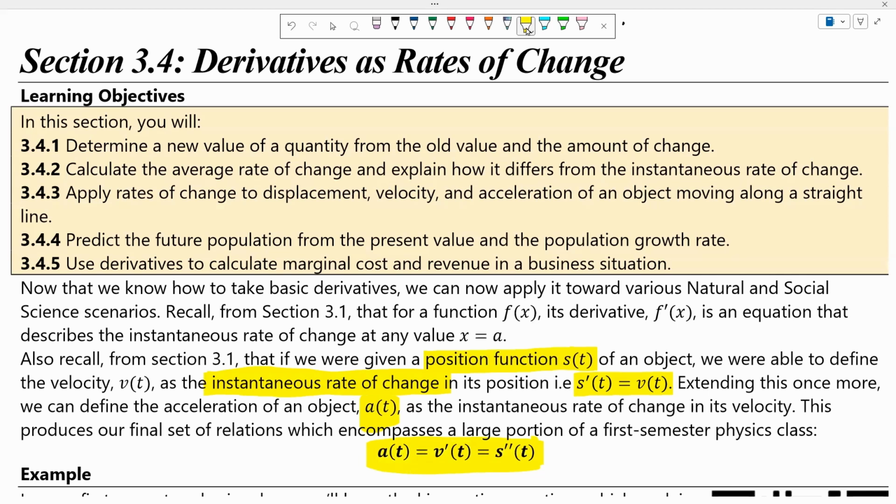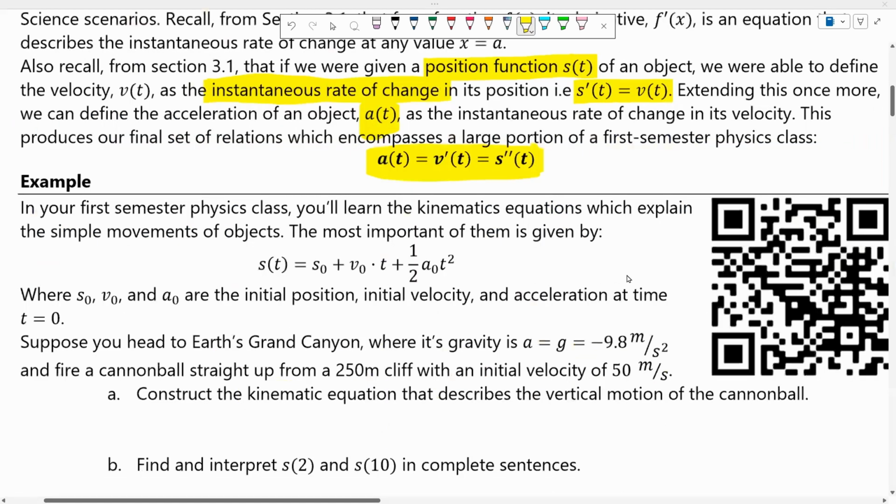And if you take the derivative of the velocity again, then you have the acceleration of this object. All right. So I think the best thing that we can do now is jump into an example.